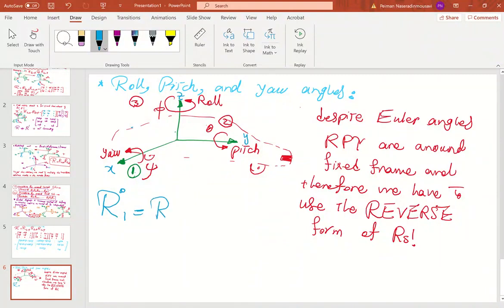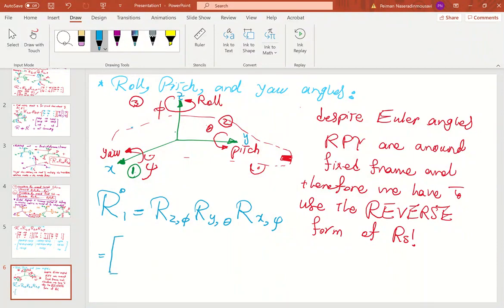So we're going to have R z and phi, sorry guys, then number 2 is y and theta, that's right, and then number 1 is x and psi. Understand?